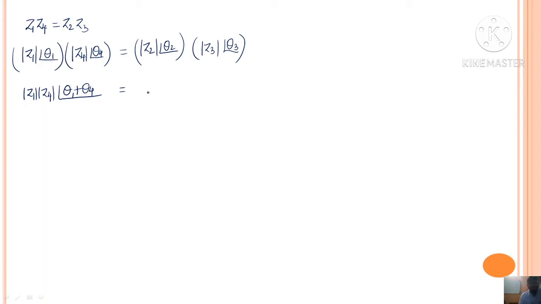Multiply these two magnitudes, you will get magnitude of Z2, magnitude of Z3. What about the angles? Theta 2 plus theta 3.